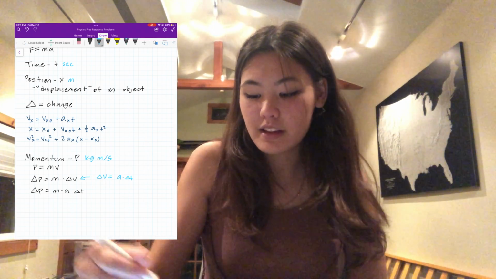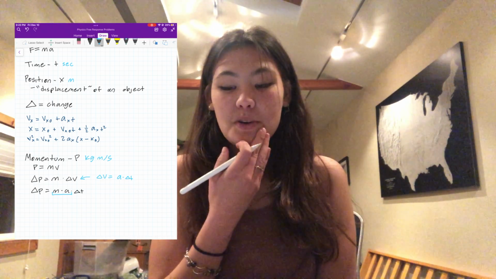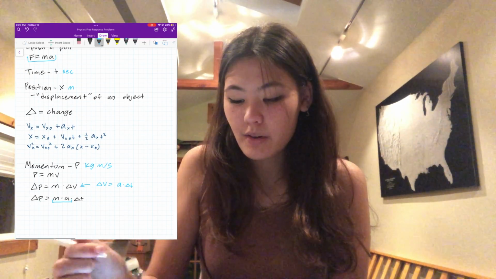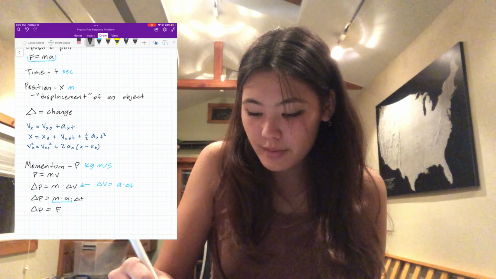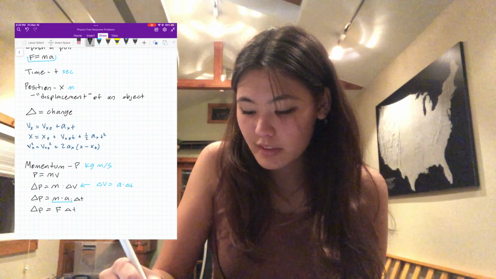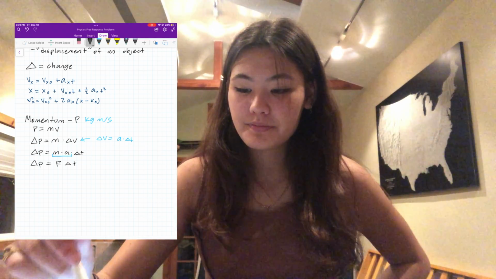And then if we see this here, m times a, as I said before, Newton's second law of motion says F is equal to ma. So then we can see that delta P is equal to F delta t. And this brings us to impulse.